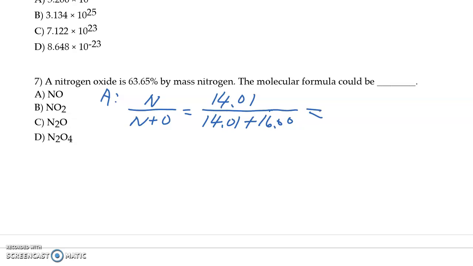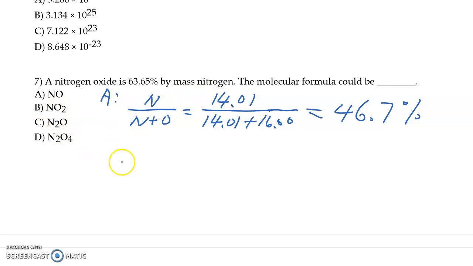If I do that, 14.01 divided by 14.01 plus 16.00, what I get is 46.7%. So the molecule in A contains 46.7% by mass of nitrogen.